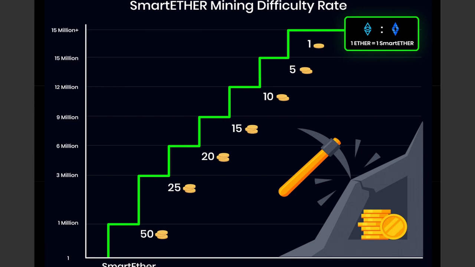Till 6 million, you will get more than 20 times that. Till 9 million, more than 15 times that. Till 12 million, more than 10 times that. Till 15 million, more than 5 times that. And after 15 million, 1 Ethereum will be equal to 1 smart ether.